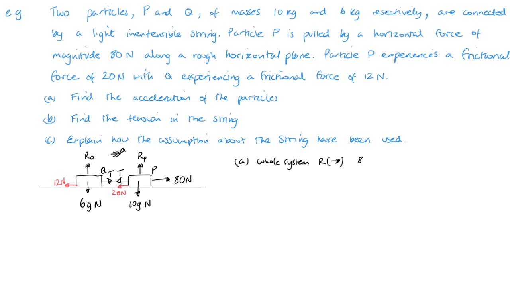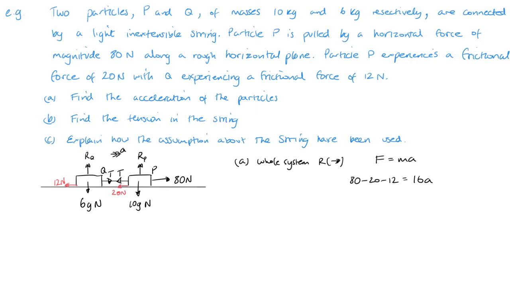So we've got 80 newtons minus 20 minus 12 equals, what I'm doing is F equals ma. So the force is 80 minus 20 minus 12. The total mass is 16, and a is the acceleration.